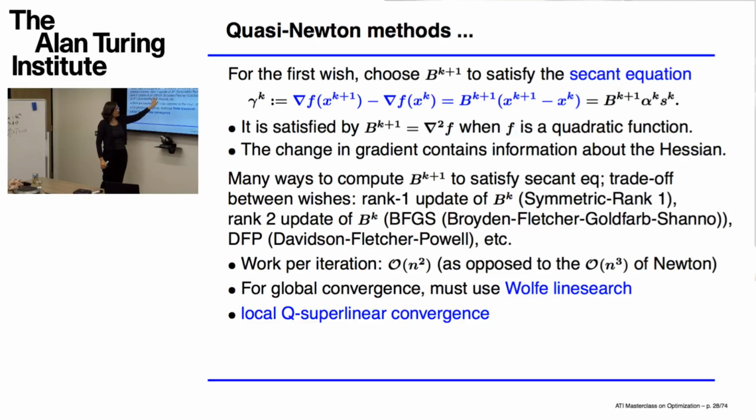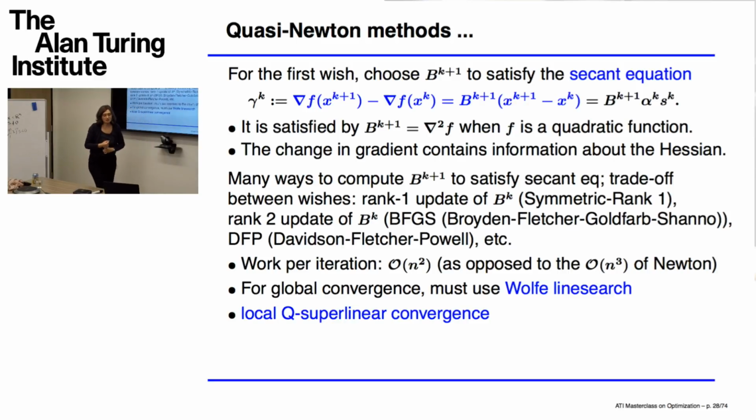So BFGS constructs a positive definite approximate B_{k+1} in each iteration if you start with a positive definite B_k. And in its limited memory implementation, it is the state of the art for unconstrained optimization.